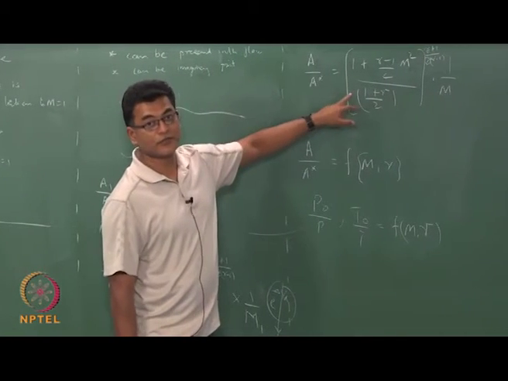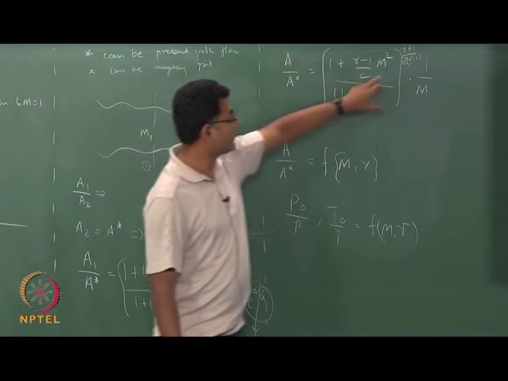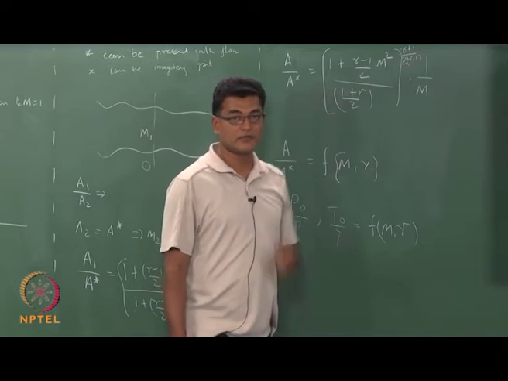Whereas the converse is not true. For any value of A by A star, I can have 2 Mach numbers, because now this is in M square.